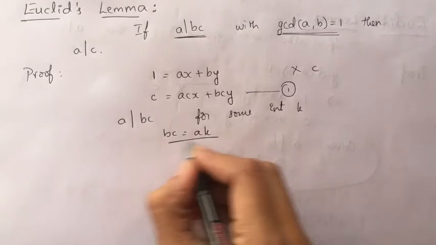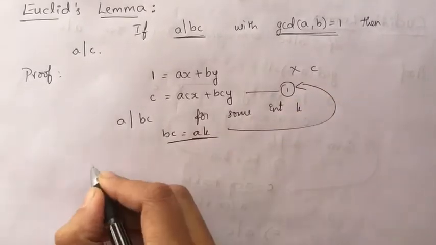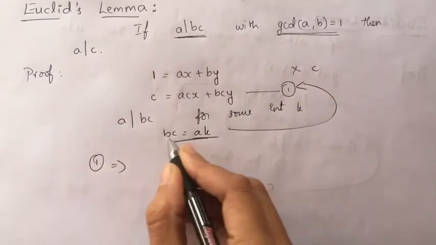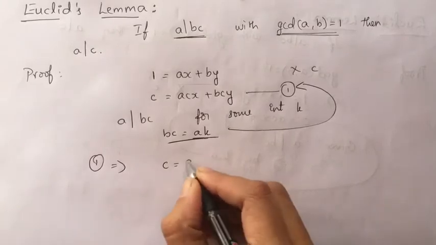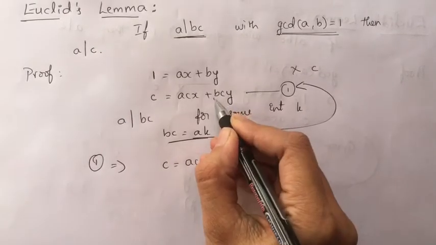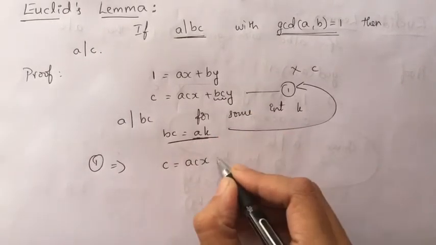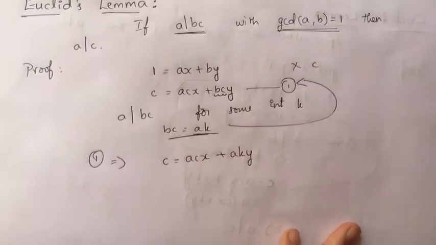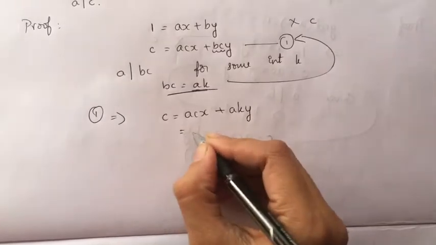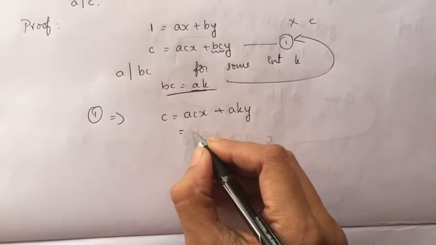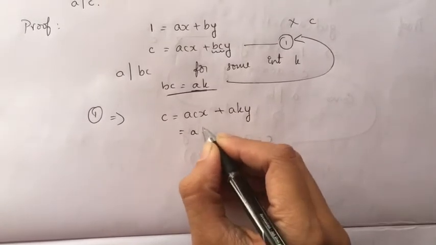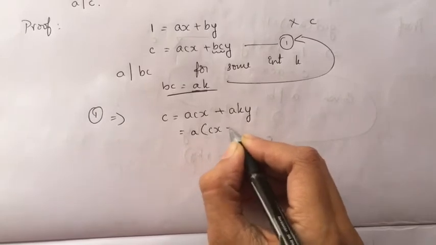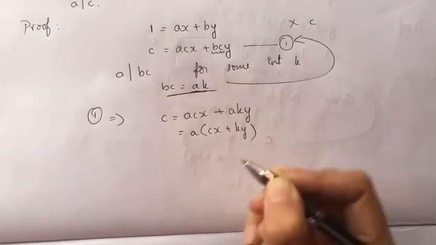and I'll substitute this in this equation so that equation 1 becomes c equal to acx plus, in place of bc, I'm putting ak, aky. This means I can take a outside, so that I'm getting a(cx plus ky).